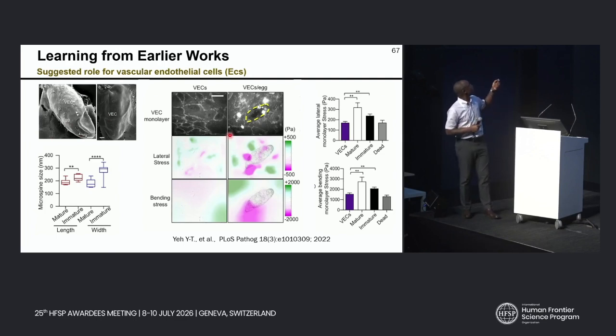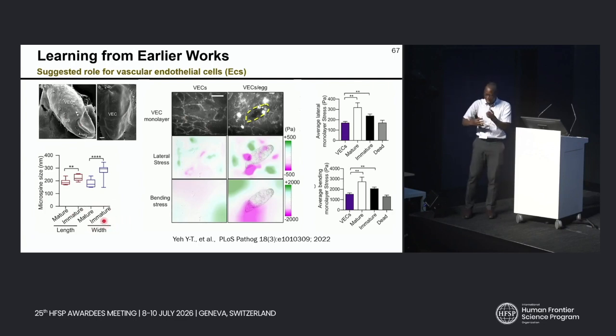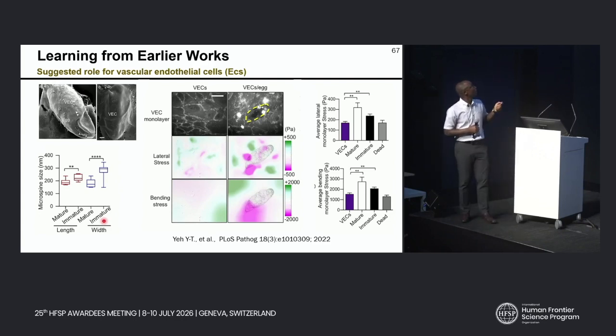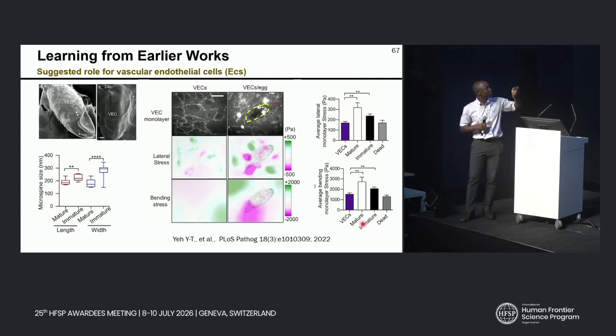And when you look at this, they did a study and found that if the eggs are mature, immature, or killed, the spines, or the tails that they wrap around them, will be different. They also made an in vitro system with the vascular endothelial monolayer and looked at the stresses that the endothelial cells are actually producing around the eggs.